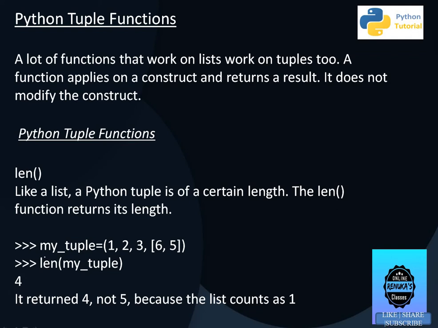If my tuple is 1, 2, 3 and then a list 6, 5 inside it, it is a nested tuple. This list will be considered as one element, so the length will be 4, not 5.